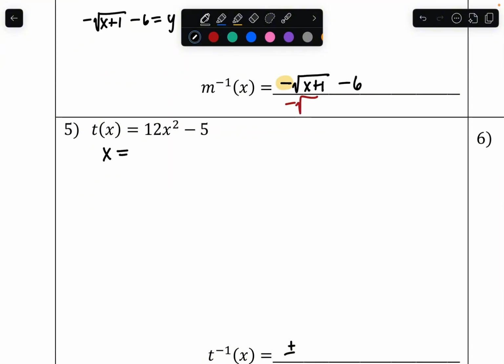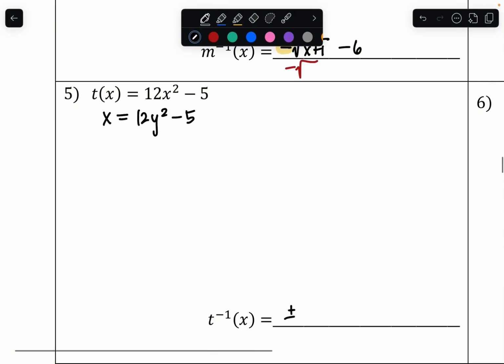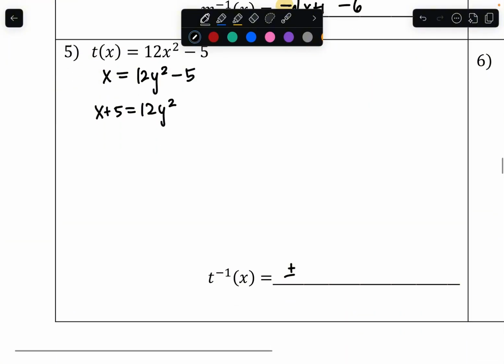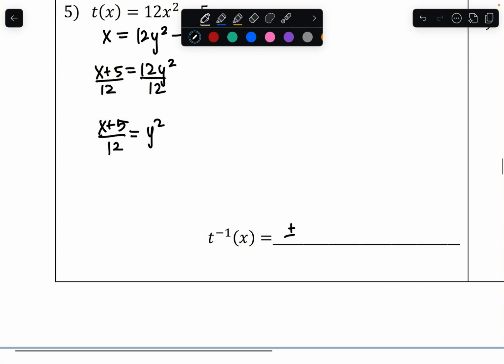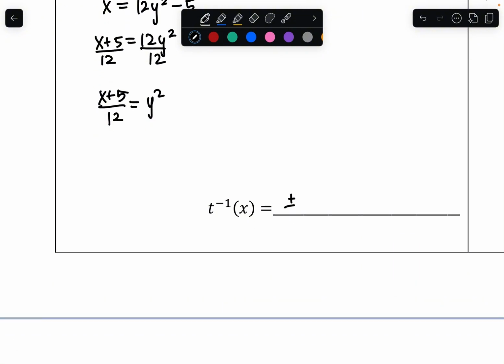Okay, so switch x and y, add 5 to both sides, and then divide by 12. Or you could write it as 1/12 times x plus 5, either one. And then now we are ready for our square root property, plus or minus square root of x plus 5 over 12.